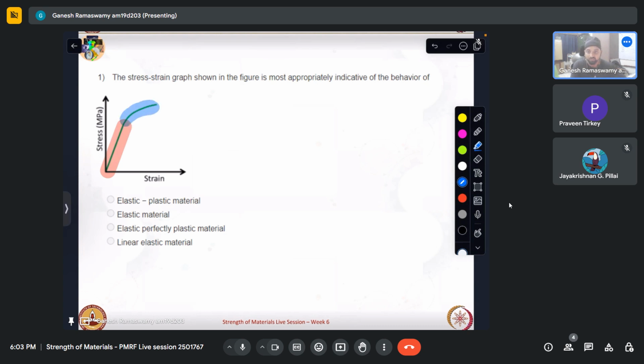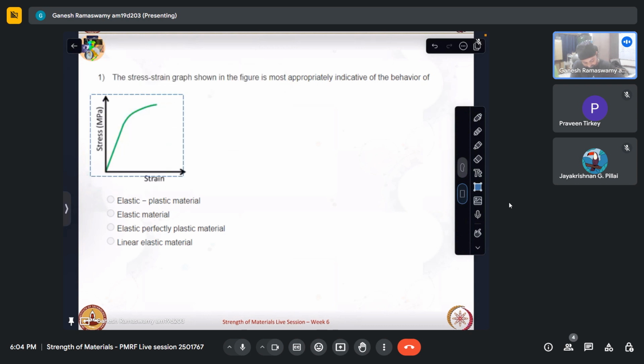So what this curve implies is, for an amount of strain to be achieved, we don't need to apply that much stress. That is, it is in the plastic zone, so to speak. So this essentially is signifying an elastic plastic behavior. Now, I think it will become more clear if we were to see how the others would look.